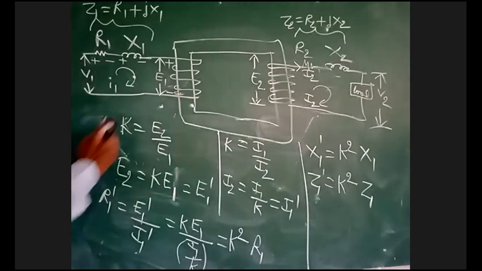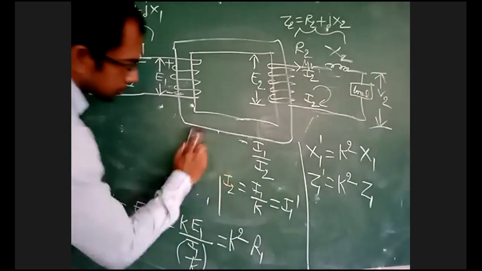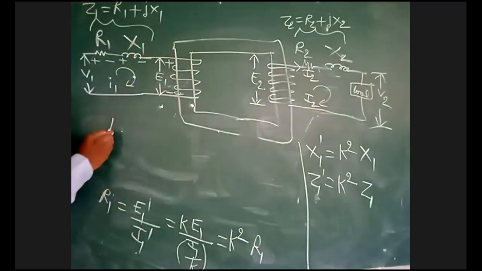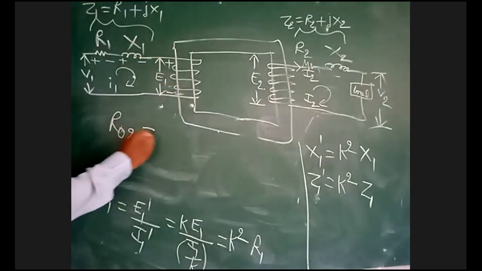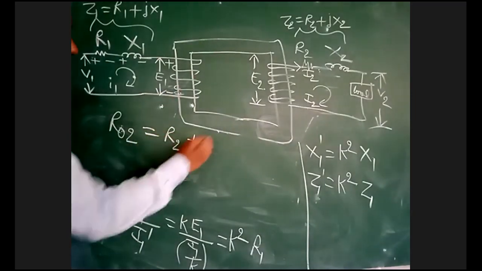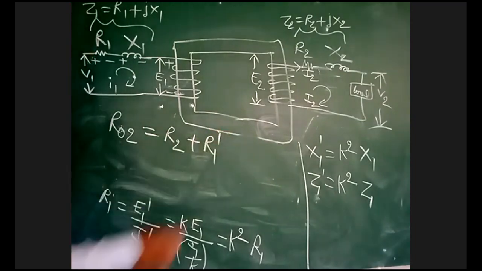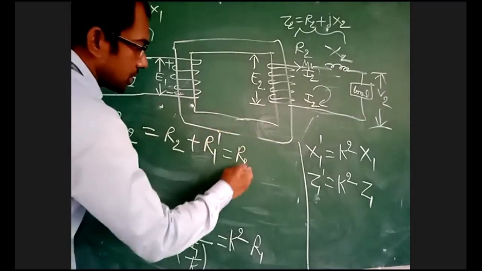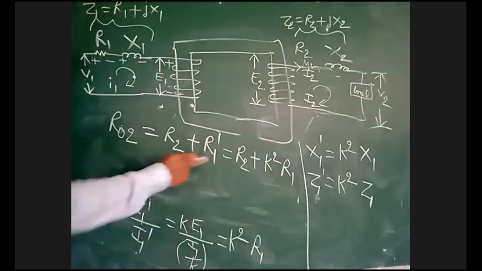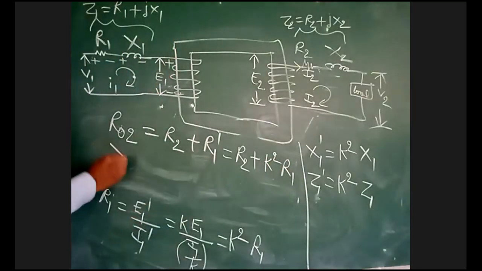Now see here. Now I am taking R02 for the secondary winding. R02 is equal to R2 plus R1 dash, that is R2 plus K square into R1. R1 dash value is K square into R1.